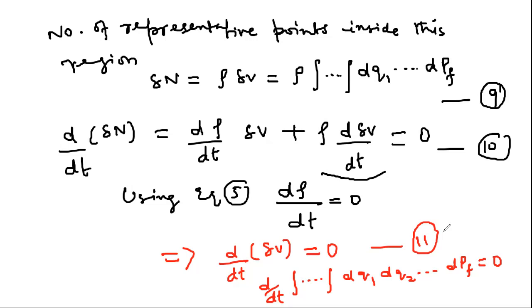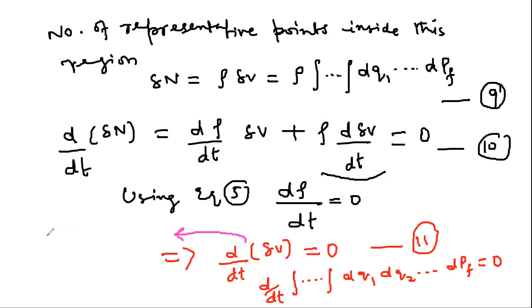This equation 11 is also a form of Liouville's theorem, which is called the principle of conservation of extension in phase space. I will use another color and name it. So this equation 11 is another version of Liouville's theorem.